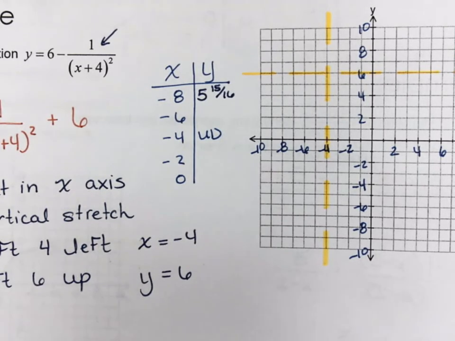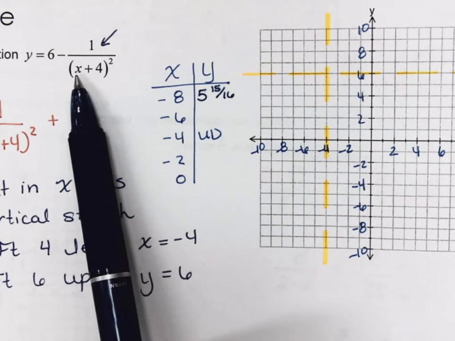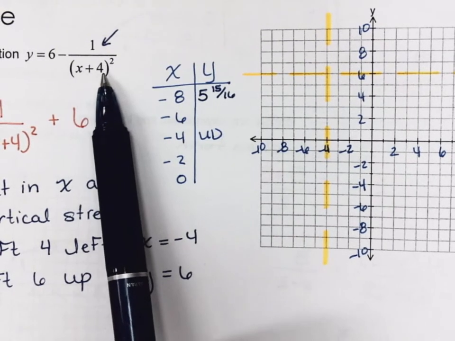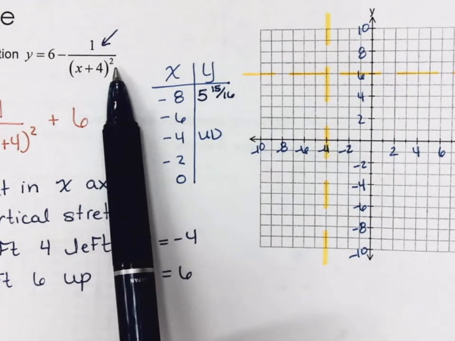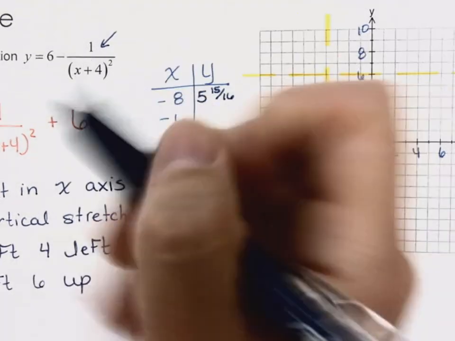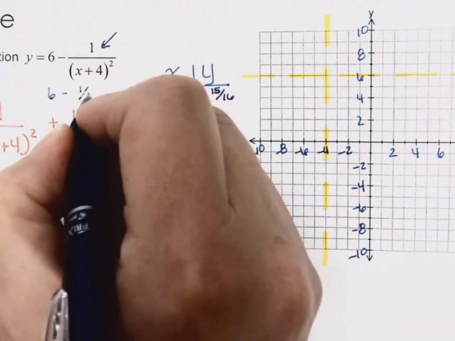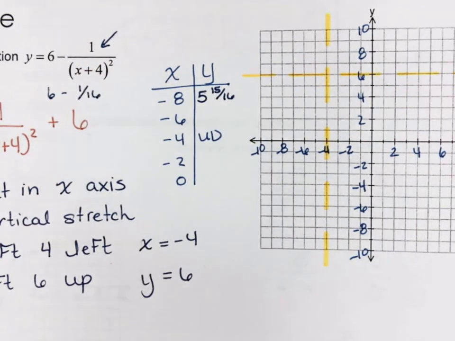Okay, so everybody listen. We put -8 in here. -8 plus 4 is negative 4. Negative 4 squared is 16. So we're going to have 6 minus 1 over 16. So 16 over 16 minus 1 over 16 is 15 over 16.